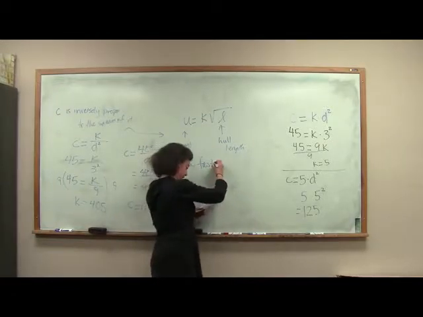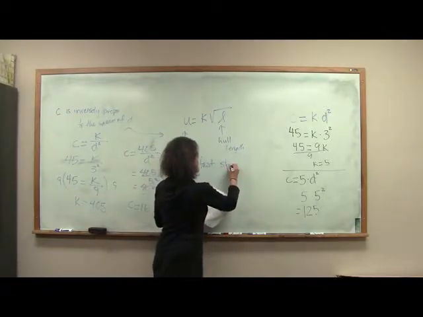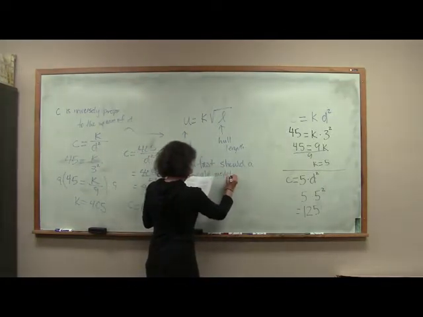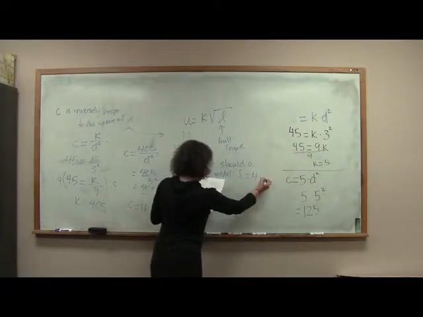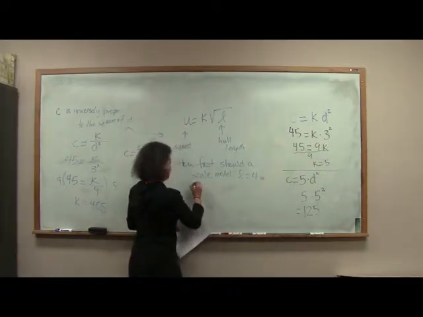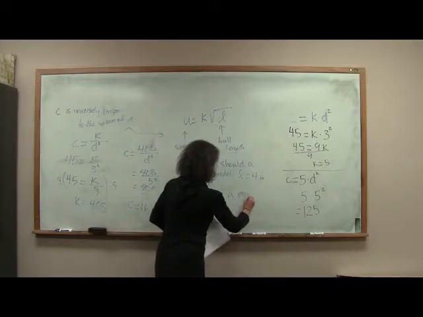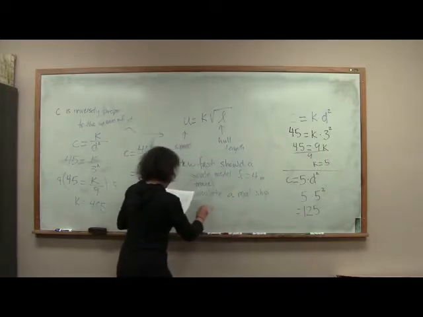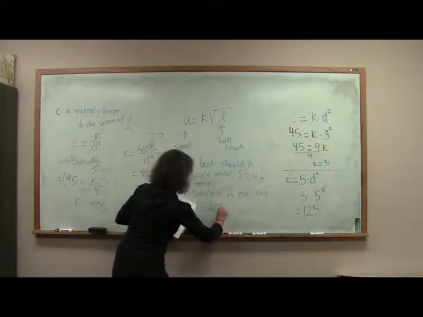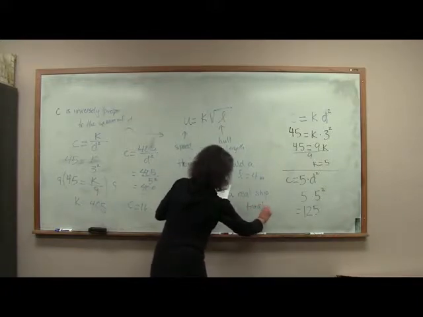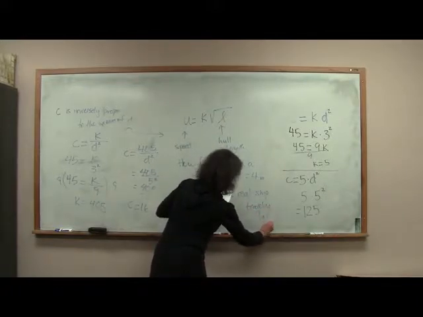How fast should a scale model with a hull length of 4 meters travel to simulate a real ship with a hull length of 225 meters that travels 9 meters per second.